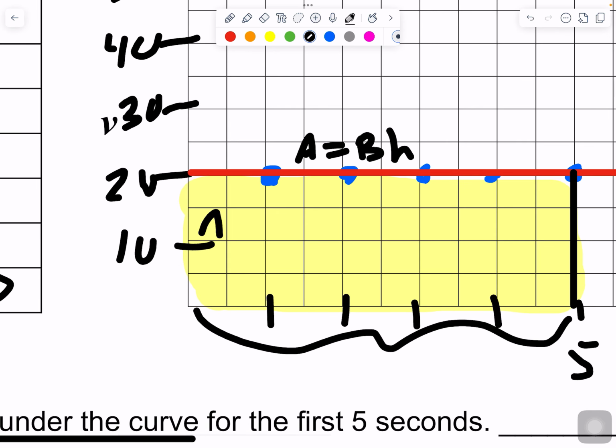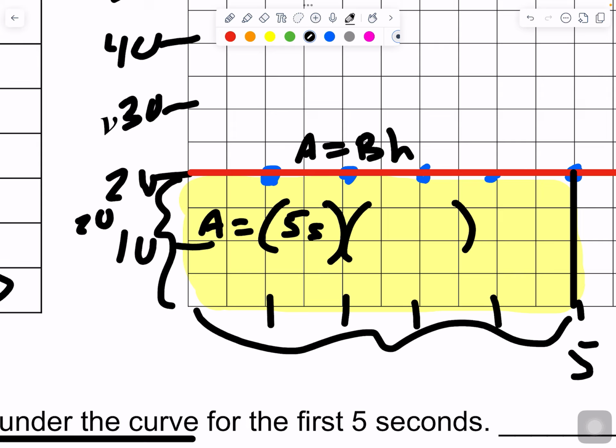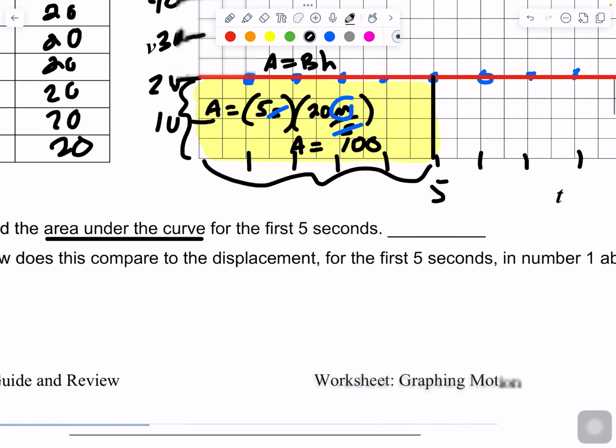So area would be 5 seconds times the height, which you can see is 20 meters per second. Notice the unit of seconds cancels, leaving you with the unit of meters. So the area is 100.